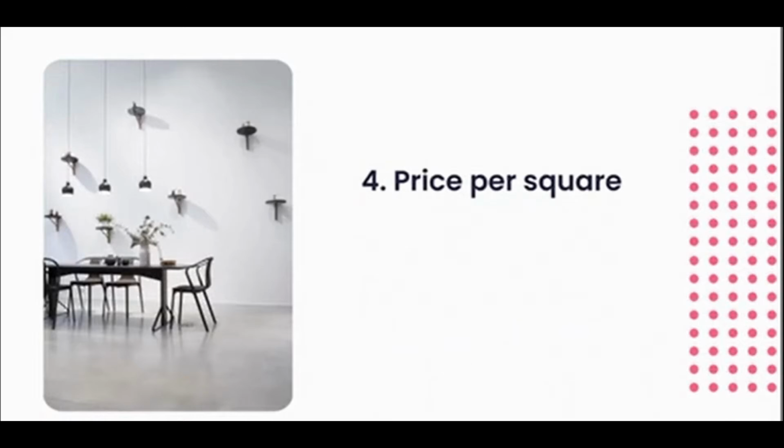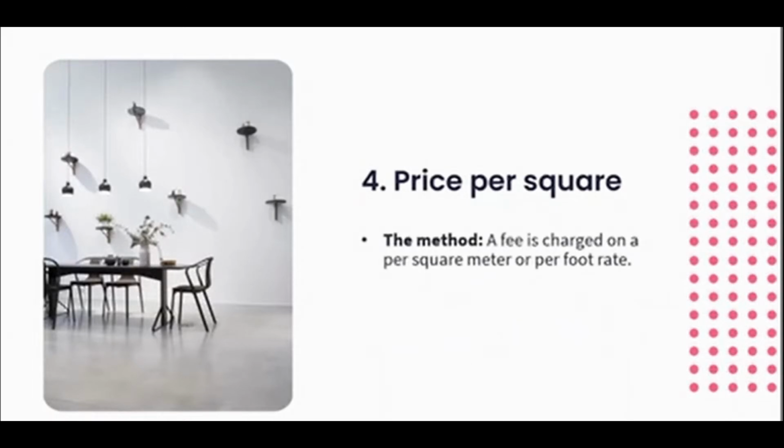The next fee structure is our price per square meter or price per square foot. Usually used on smaller projects or very, very large projects. A fee is charged per square meter or per square foot. So the designer would go and measure out the space of your client, and then that square meter rate would be multiplied by a predetermined value.